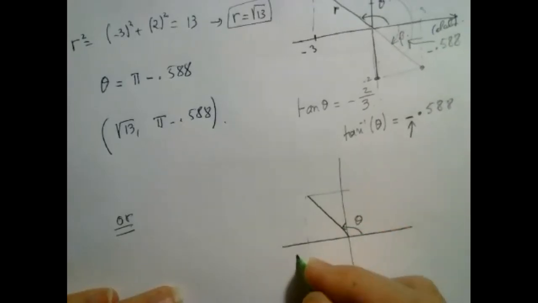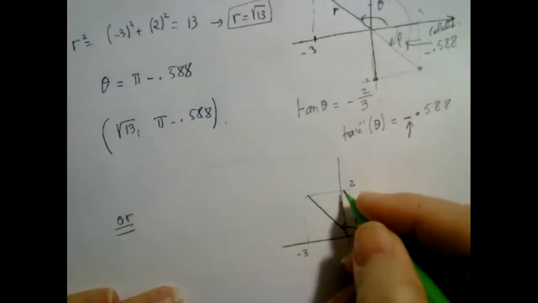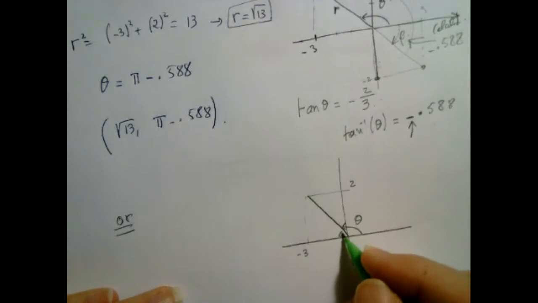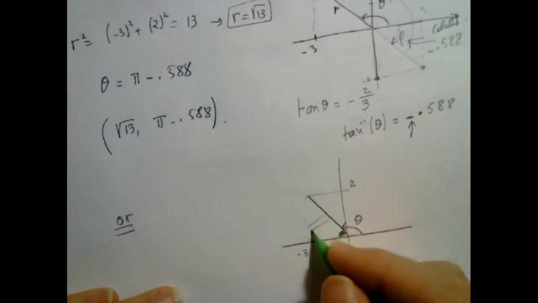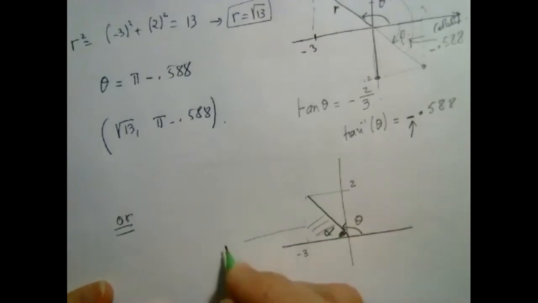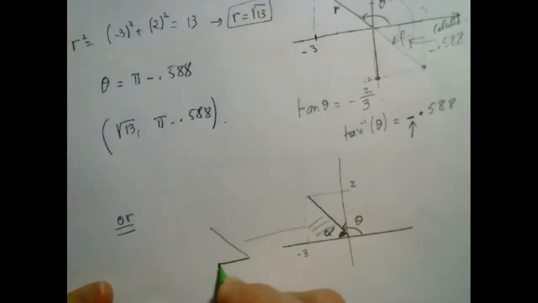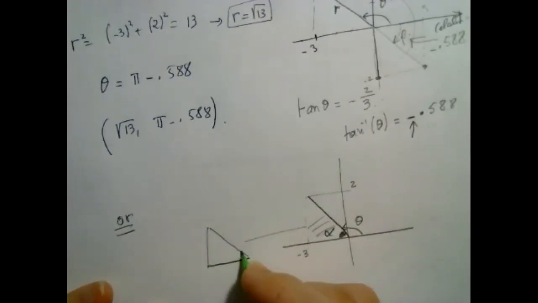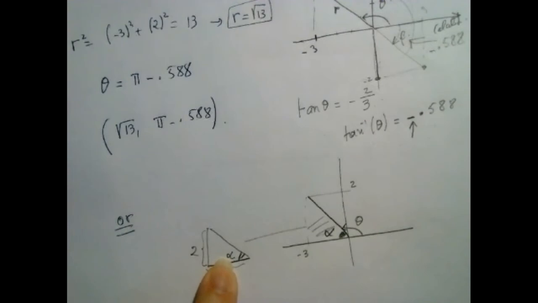I'm going to take this triangle, move it to the side, and find this angle. Let me call it alpha. So I pretend I'm doing pure trigonometry. I have the alpha here. From here to here, I have 3. From here to here, I have the 2. Pure trigonometry. I find the alpha, and then I take pi minus alpha.